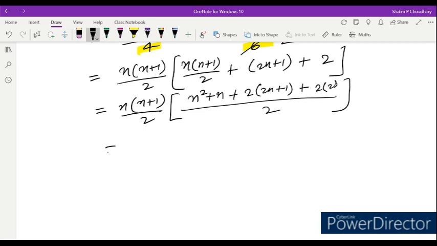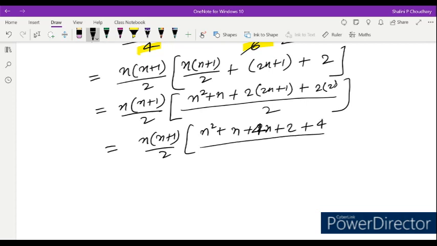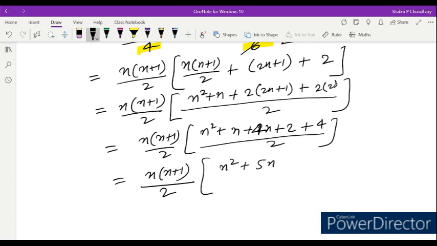Okay, so here we'll write n into n plus 1 divided by 2 and n square plus n plus 4n plus 2 plus 4 divided by 2. Okay, so here we'll write n square plus 5n plus 6 divided by 2.